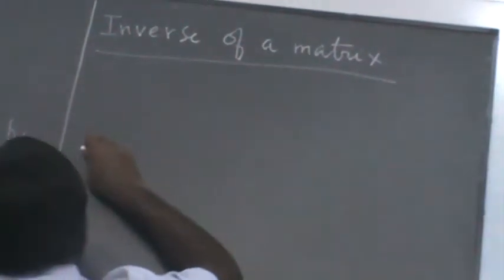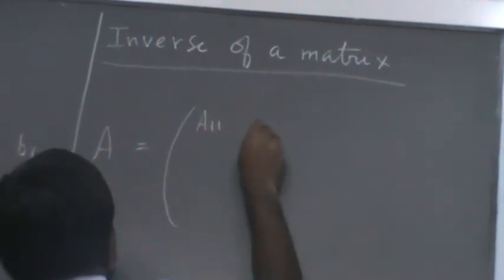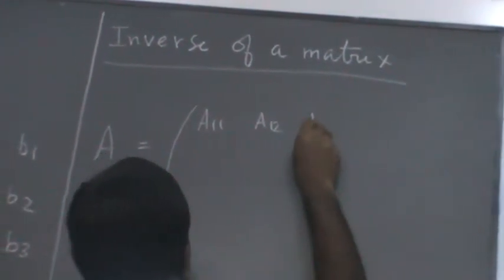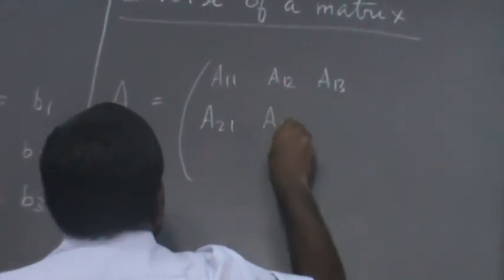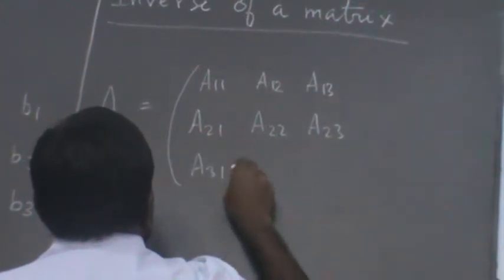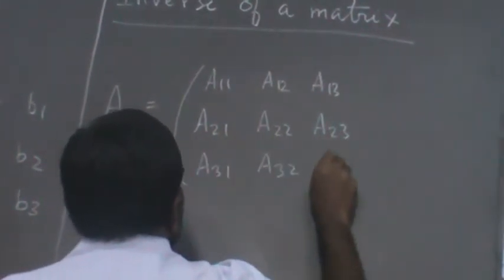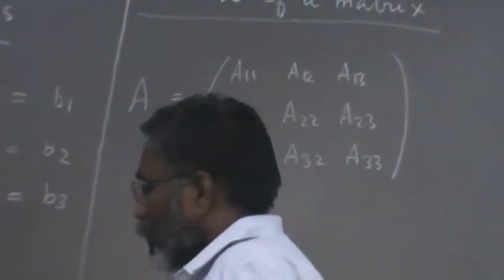Supposing you write this matrix as A11, A12, A13, A21, A22, A23, A31, A32, A33. Suppose this is your matrix.